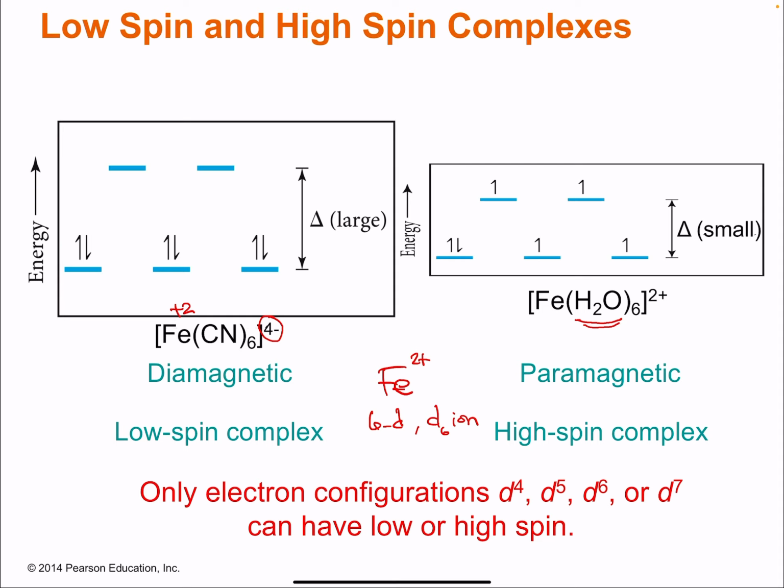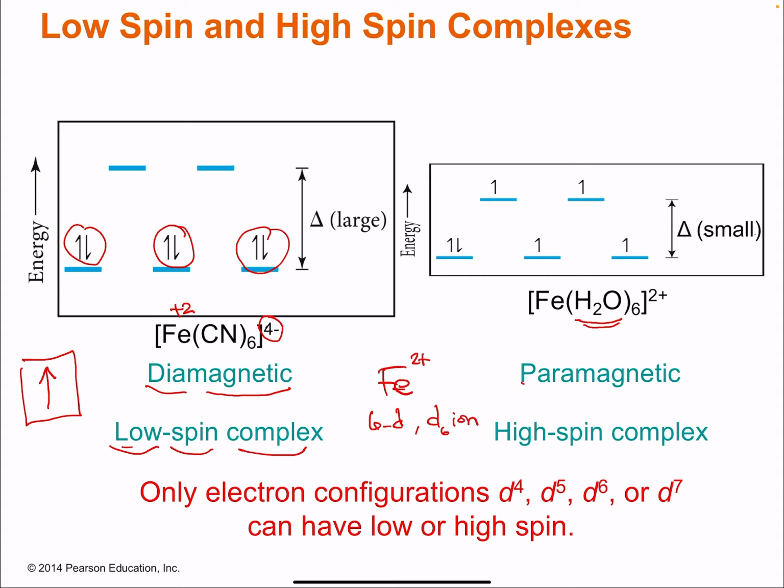Now look, on the left side, all of your electrons are paired. This is a case of what we call diamagnetic, and we also call it a low spin complex. When you have low spin, you don't have too many orbitals with a single electron. Remember, a single spin is the spin up direction that we typically put as the first electron going in. In this case, you have no such orbitals.